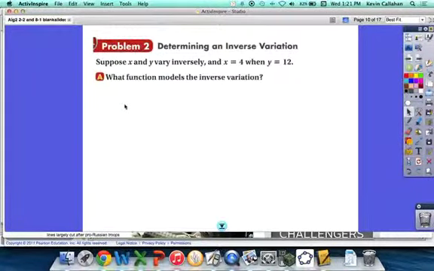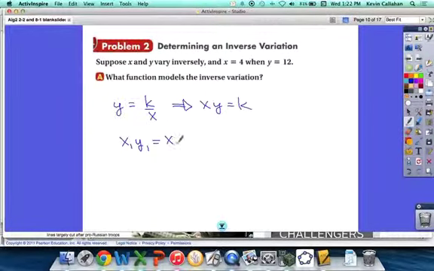Since this is an inverse variation, then y equals k over x. Therefore, x times y equals k, which means x1 y1 equals x2 y2.